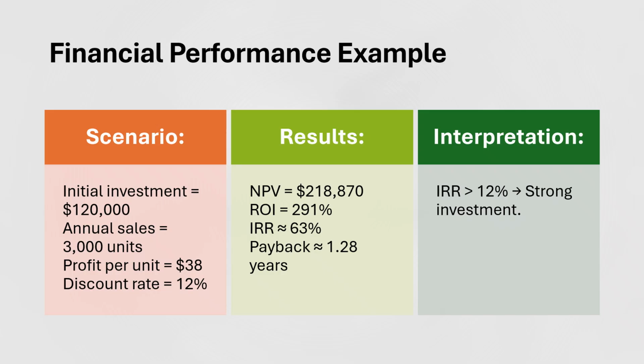Now, using the discounted cash flow analysis, we obtain the NPV of approximately $218,870 and an ROI of 291% and IRR of 63%, and the payback period is 1.28 years.